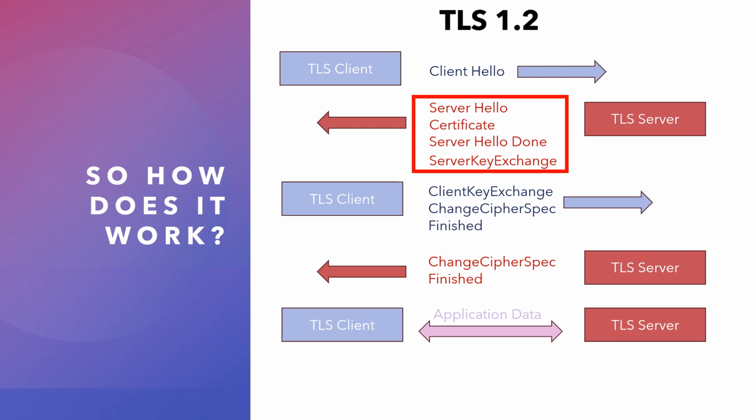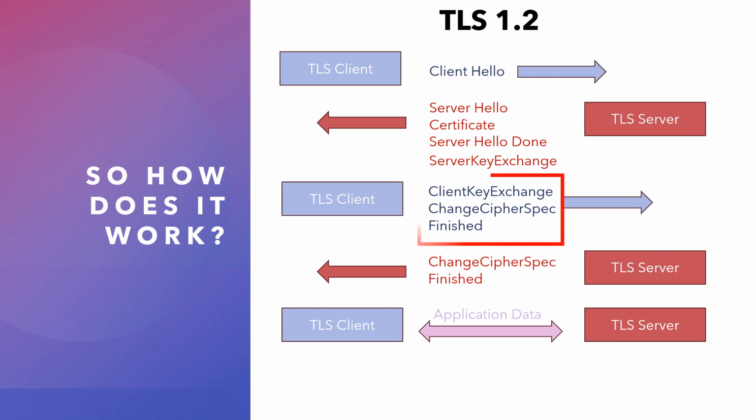Once your computer has the server side of the Diffie-Hellman exchange and has verified that they received a legitimate certificate authenticating the recipient of our following message, your computer will send back their half of the Diffie-Hellman key exchange in the form of a client key exchange message. Additionally, your computer, having both sides of the key exchange, is now in possession of the session key and can send along a change cipher spec message, basically saying to the server, every message from now on is going to be encrypted using the session key.